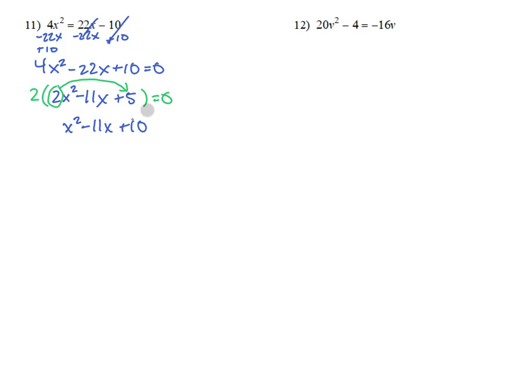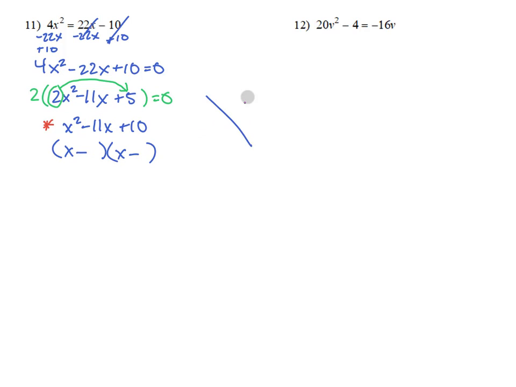Remember, we multiply our 2 over. Factoring this, don't forget we're cheating math here, so we're going to have to undo that at some point. All right, so this is going to be x and x. The positive 10 tells me they are the same signs, and this tells me they're both going to be negative.